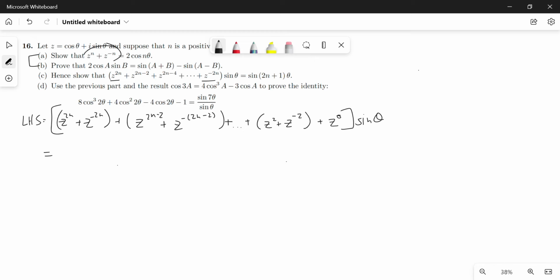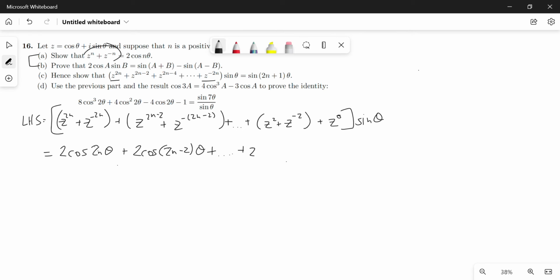So now let's use A. If I use A for that, my n here in the first bracket is 2n, so this becomes 2 cos 2n theta. And then the next one would become 2 cos (2n minus 2) thetas.